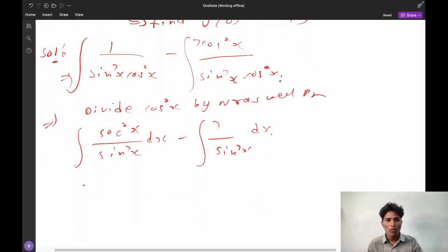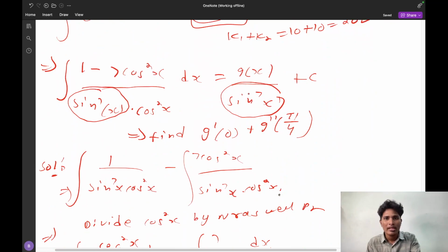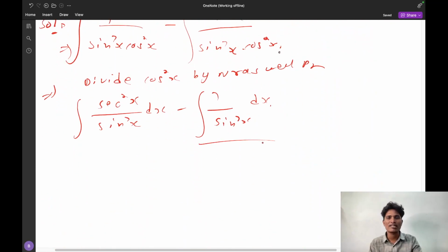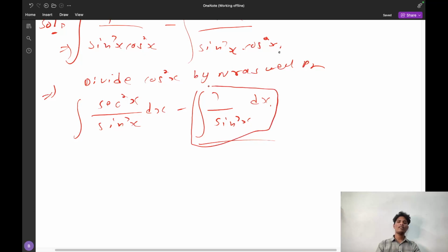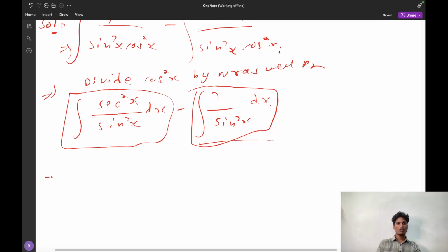Now we have to understand here, if we observe carefully, sin^7 x is present in the question and also here. For some time I will leave this one alone and just focus on the first one.